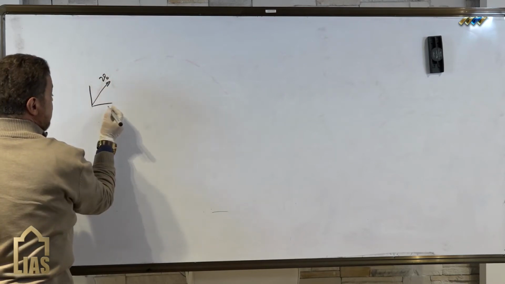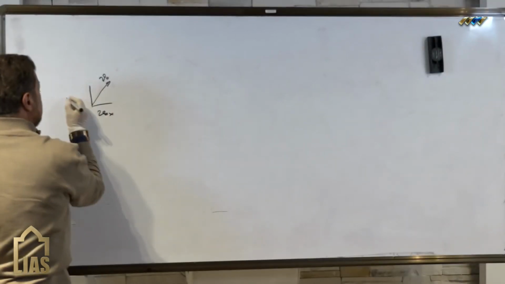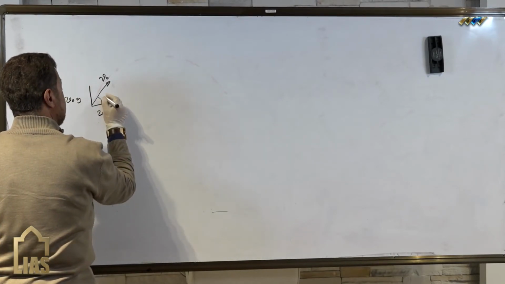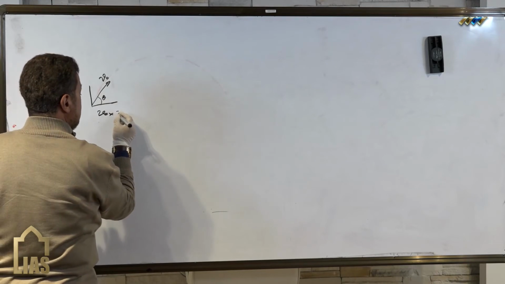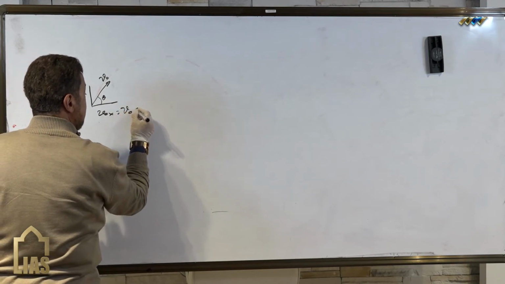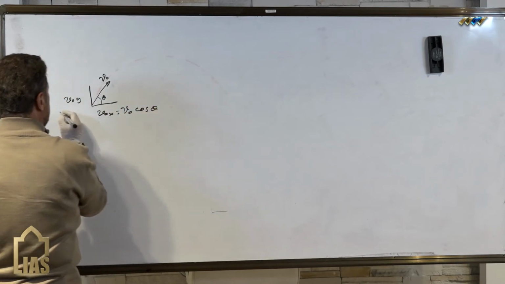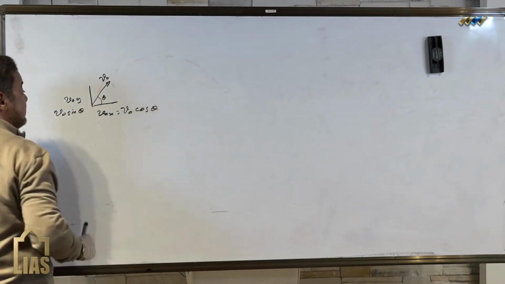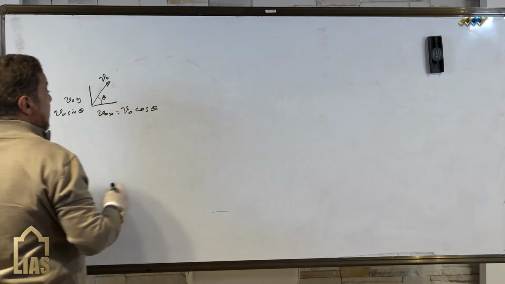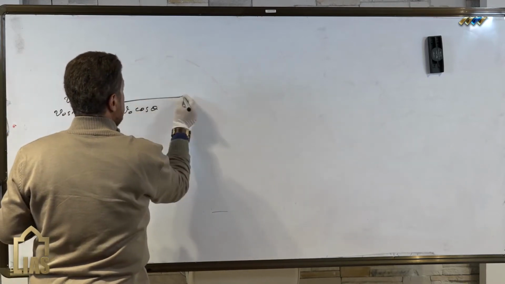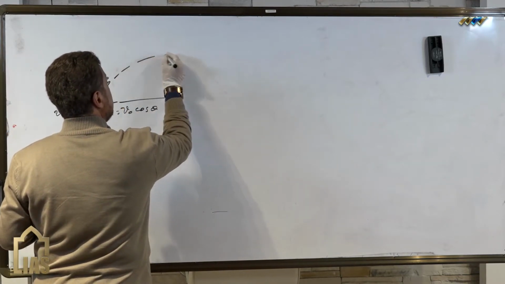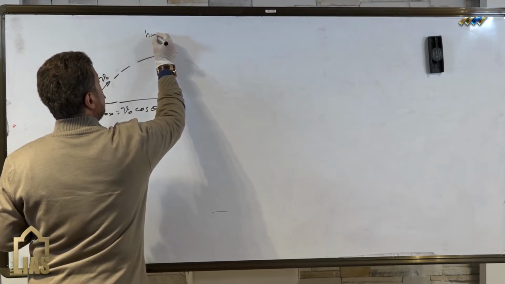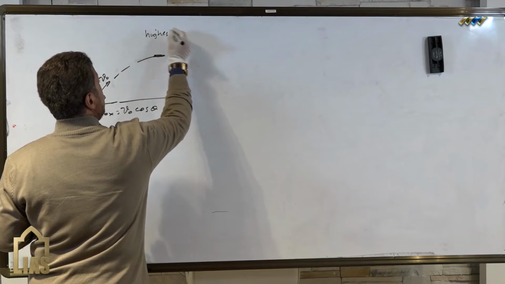This is the v0, v0x, v0y, and this is the theta. v0x is v0 cosine theta, and here v0 sine theta. Okay, where is the highest point?